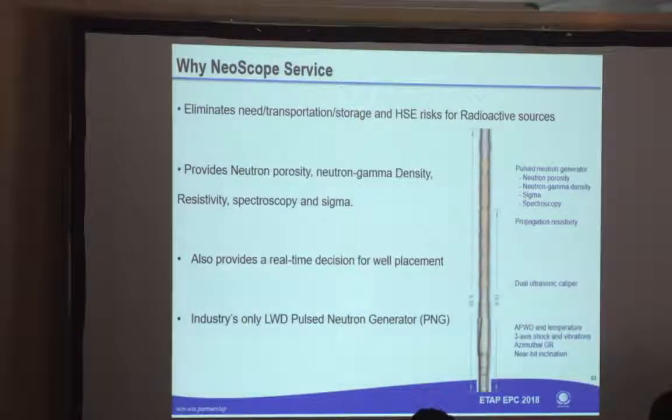This tool also enables us to take decisions in real time. And this pulsed neutron generator tool is the only one in the market for the LWD industry.